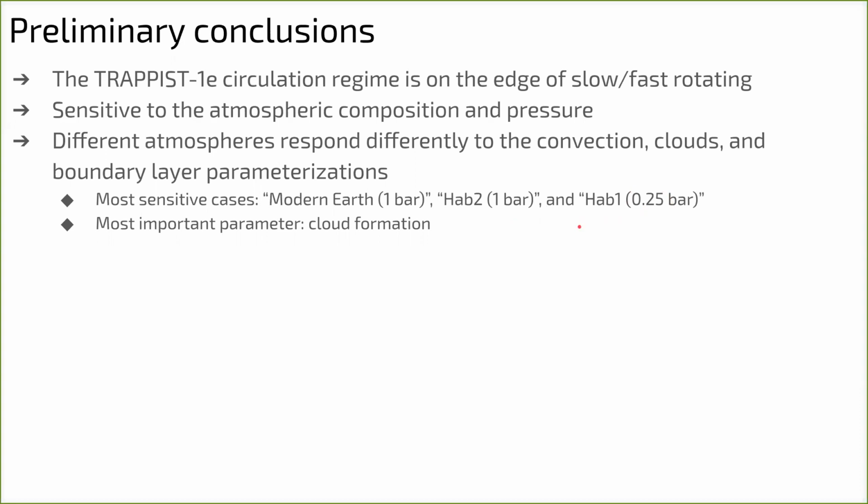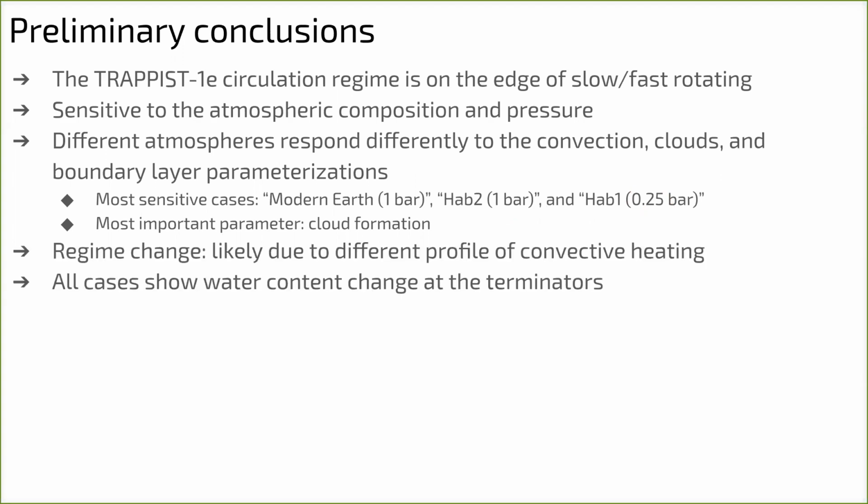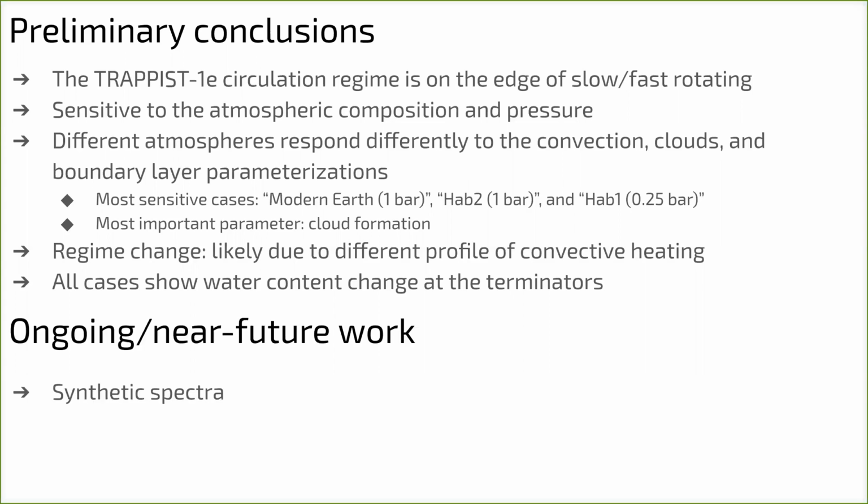The most important group of parameters affecting the climate seems to be the one that affects the convective cloud formation. And the regime change that we see in some of the simulations is likely due to different profile of convective heating on the day side. And all cases show water content change at the terminators, which prompts me, in the near future, to make synthetic transmission spectra and see if these changes are large enough.